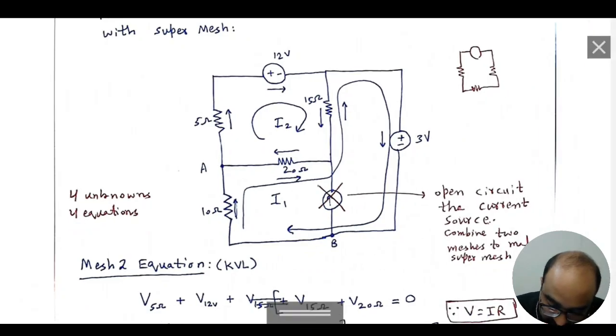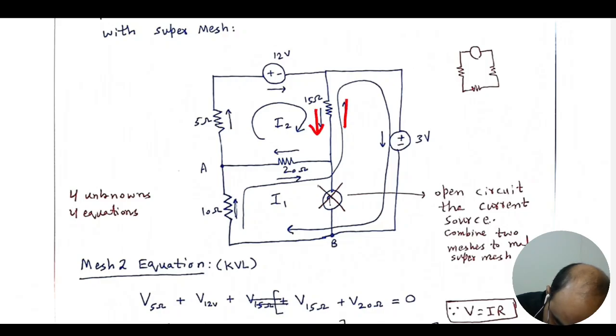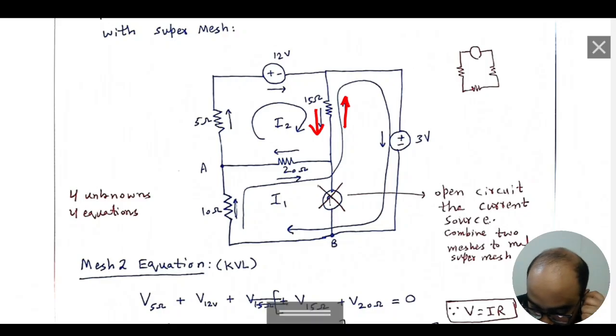In order to determine, basically there are two currents. You can see an arrow towards downwards, and in the adjacent loop there is an arrow in the upward direction. The net current we have taken, we are dealing with I2 right now.